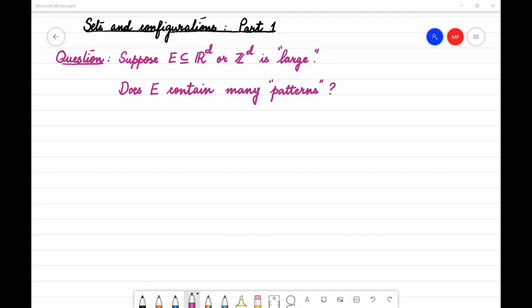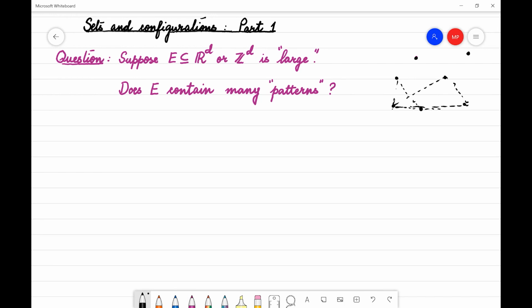I mean, after all, suppose your set E has a ton of points like this all over the place. And just by virtue of being large, of course, you can say that it contains vertices of many triangles. So here's a triangle formed by the points of E. Here is another triangle. So of course it contains many patterns, right?